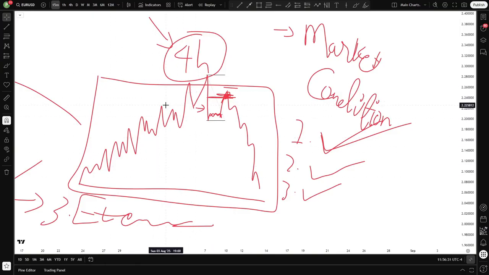Now this might sound a bit too subtle or too vague for a lot of you, and if that's the case for you, then don't worry about that. I'm still going to be going over actual live trade examples of me applying this framework live on the charts in the later part of the chapters. So don't worry about that for now. Okay.